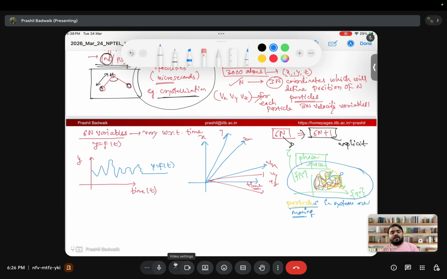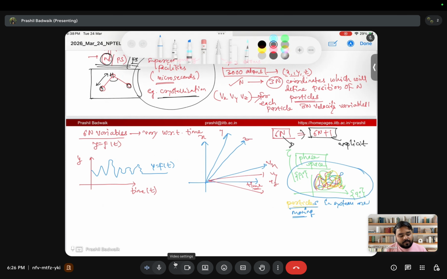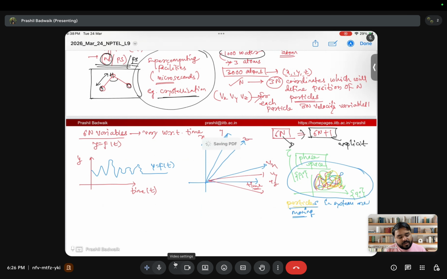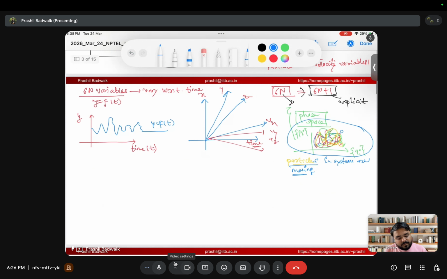Correct? Now a particular state represents a microstate. So each point in this space represents what?